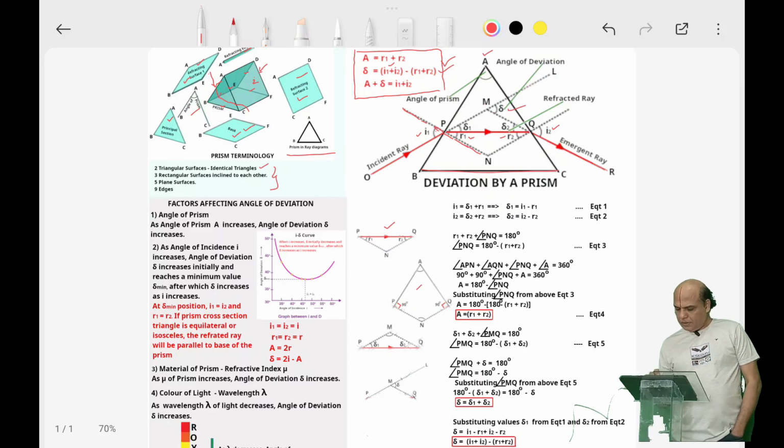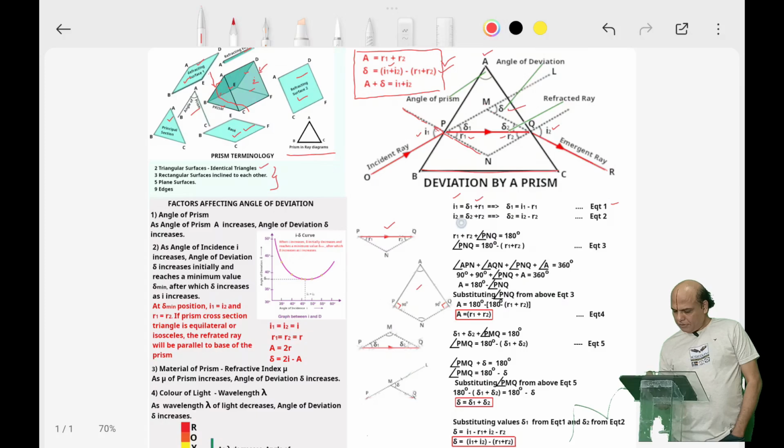Firstly, look at the angle of incidence I1. These are vertically opposite angles. So I1 is equal to delta 1 plus R1. From this we get delta 1 as I1 minus R1. Call this equation 1. Likewise, I2 is vertically opposite to angle MQN.